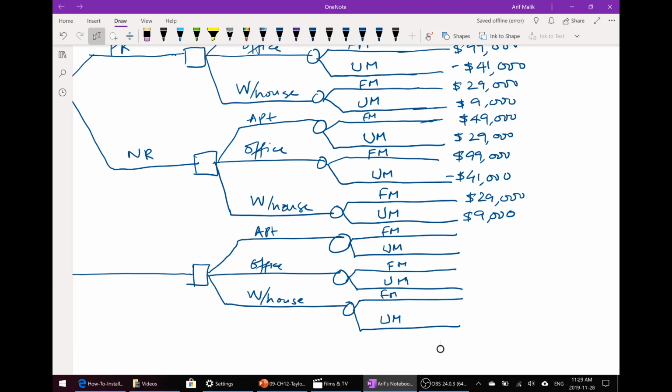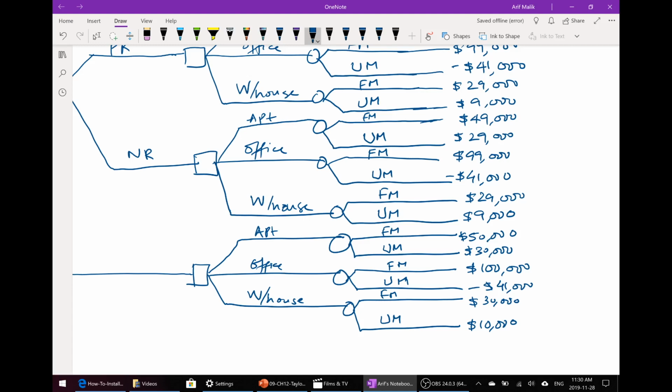We have 50,000 here, right? 30,000 here, and here $100,000 and minus $41,000, and this was $30,000 and $10,000, because here we don't pay $1,000.